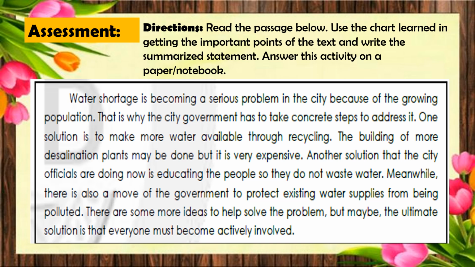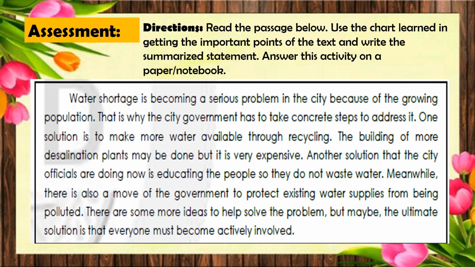Water shortage is becoming a serious problem in the city because of the growing population. That is why the city government has to take concrete steps to address it. One solution is to make more water available through recycling. The building of more desalination plants may be done, but it is very expensive. Another solution that the city officials are doing now is educating the people so they do not waste water.